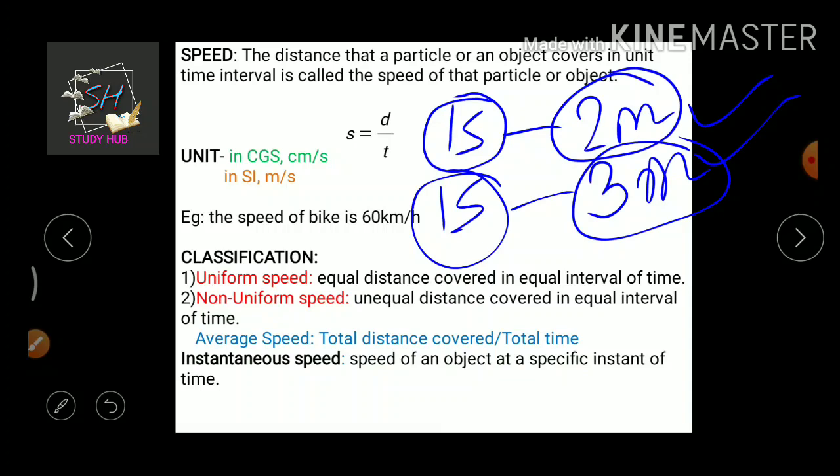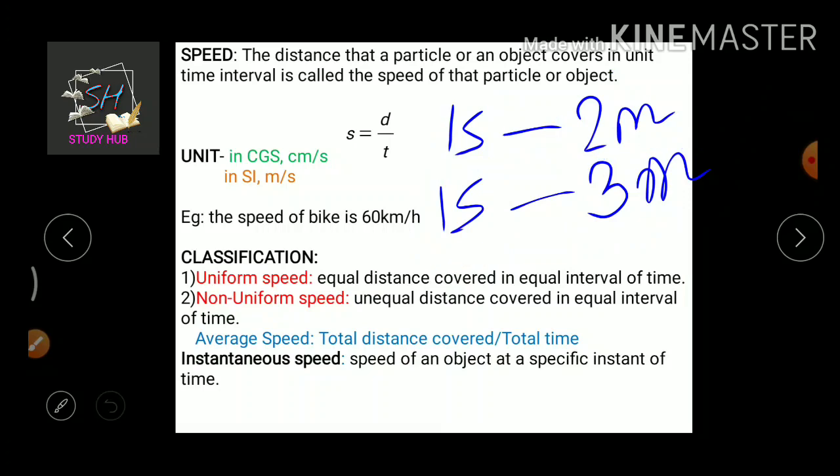Now what is average speed, or how to find average speed? We can find average speed by just dividing total distance covered by total time. As you can see here, there is the formula that total distance covered by total time. Let's take an example.